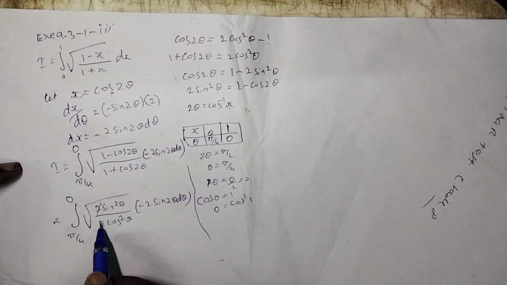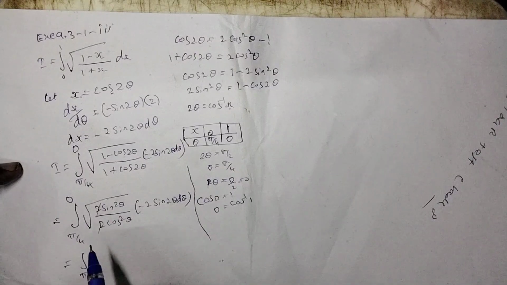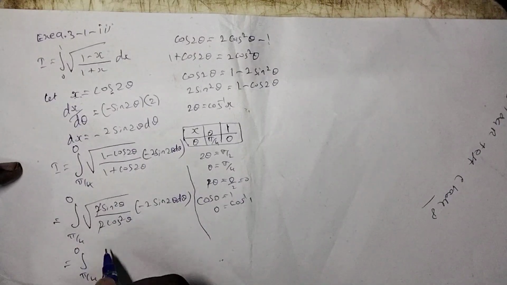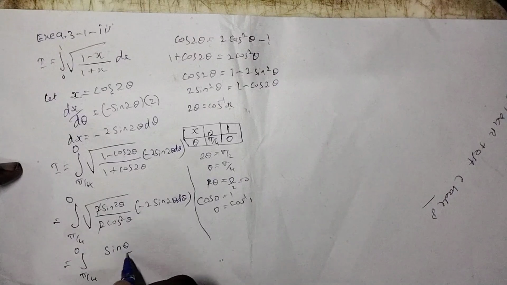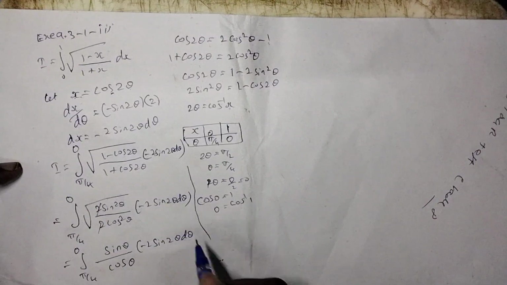Now the 2s cancel and when we apply the square root, the numerator becomes sin theta and the denominator cos theta, times minus 2 sin 2 theta d theta.